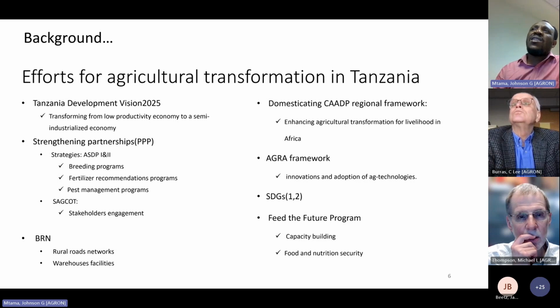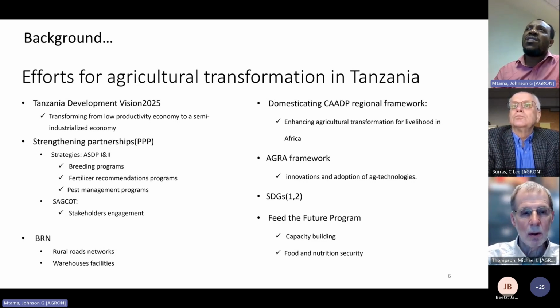So what the government of Tanzania has done is try to domesticate all these efforts that have been agreed at the regional and global level, such as the Comprehensive Africa Agriculture Development Programme, aiming at enhancing agricultural transformation for livelihood in Africa.